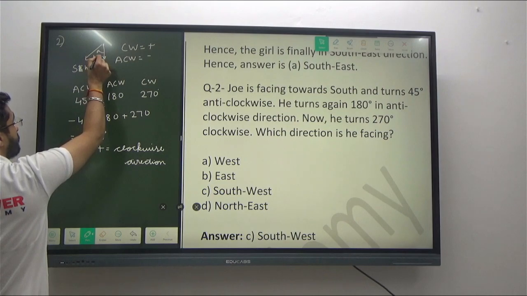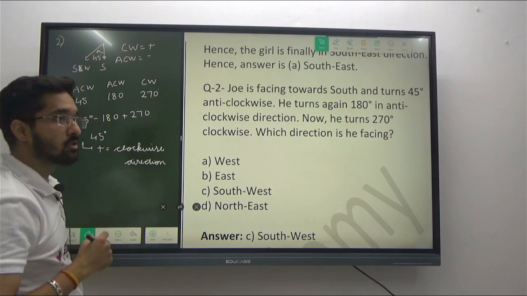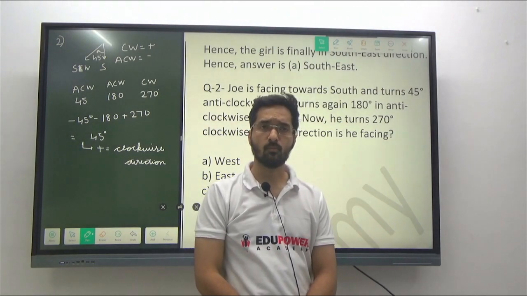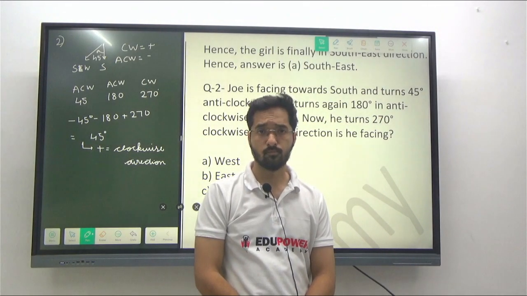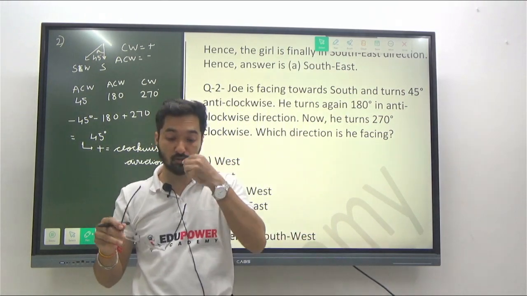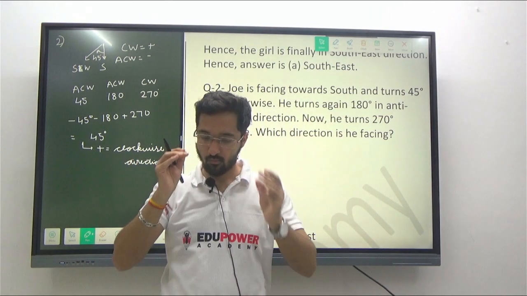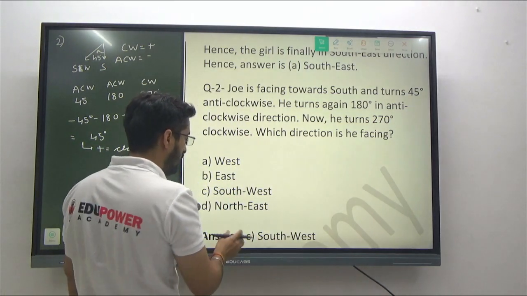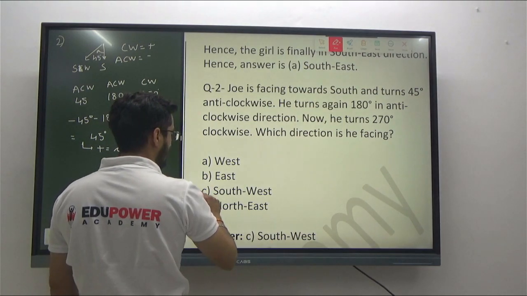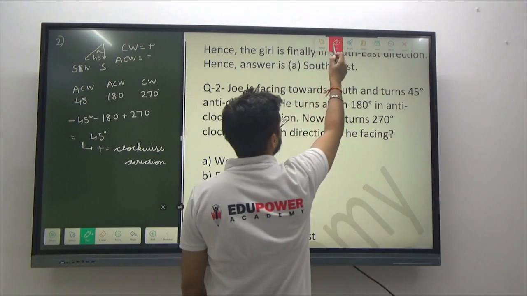Okay. 45 degree, this will be your southwest direction. So, Joe will be facing the southwest direction. Is it clear to everyone how we approach the questions? Okay. So, the answer here is C, southwest direction.